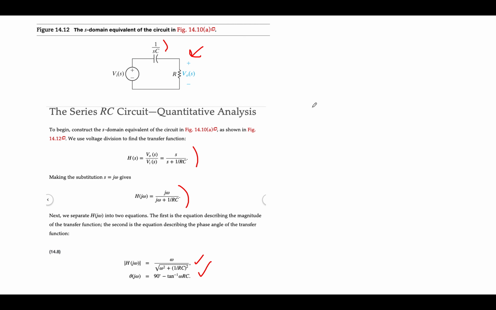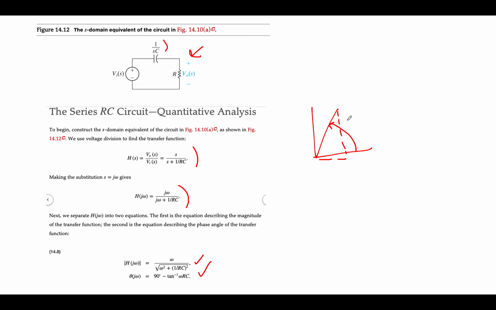Basically, if you have a complex number, and this is your phase, then this is your imaginary and this is your real.